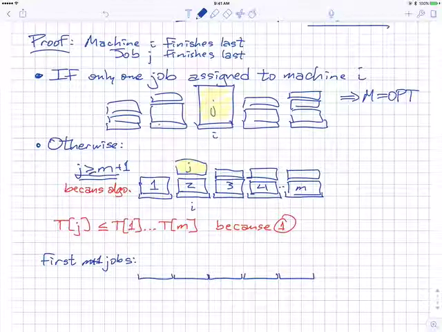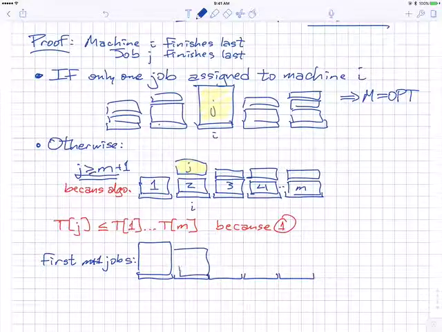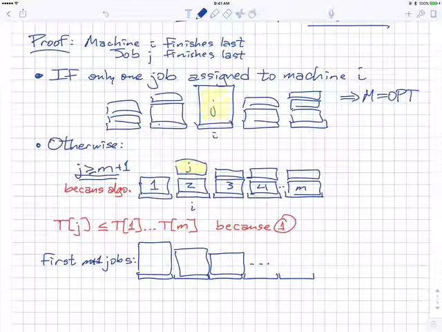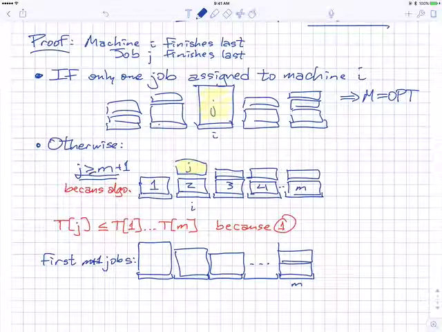Let's assume that if there's a tie, I'm always going to break it by going to the left. So where's job 1 going to go? First machine. Where's job 2 going to go? Where is job 3? Okay, good. Notice they're getting smaller. And eventually job M goes into machine M. Where does job M plus 1 go? It also goes into machine M. So this is job M, and this is job M plus 1.